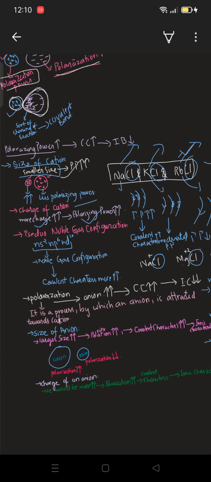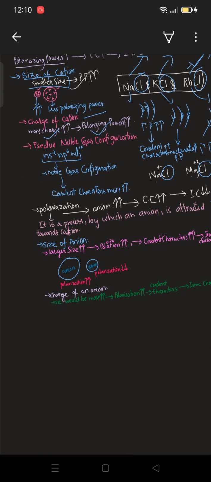Then it will have more polarization, more covalent character, and less ionic character. So we have now discussed Fajan's rule in great detail. If we solve questions from any book, for example KIPS, OETP, or the Punjab Federal, KPK or Sindh books, we will not face any difficulty, I'm sure.